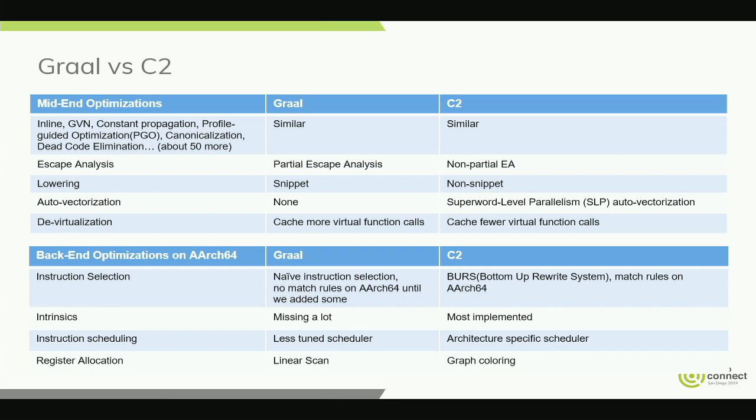Most of the optimizations are similar to C2, but as an advantage, Graal uses partial escape analysis, while C2 uses full escape analysis. Also, Graal can catch more virtual function calls, which means Graal can inline more methods. These two optimizations can largely narrow the performance gap with the C2 compiler.